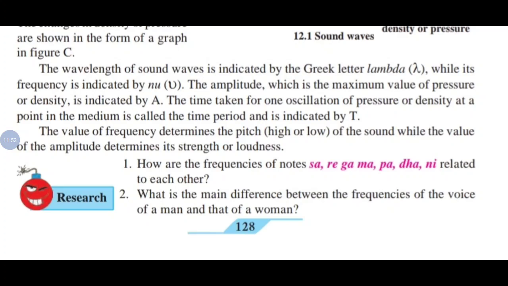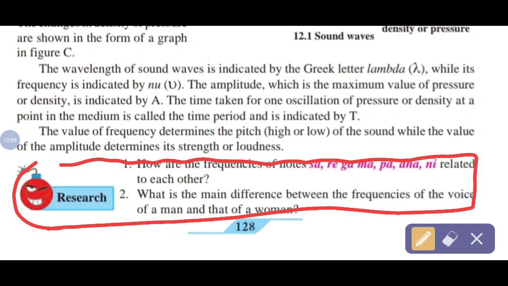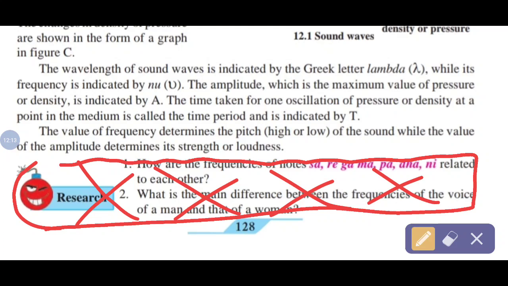Some part is omitted from these lessons. I will tell you which part is omitted from this page. The last point given here, research, is omitted from our syllabus. No need to study these two questions. Next.